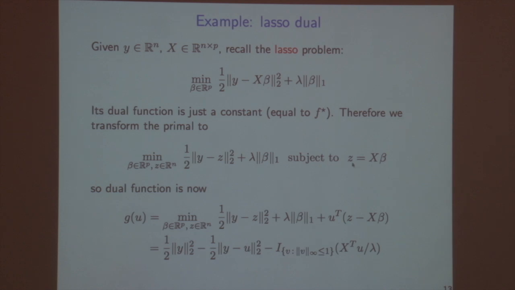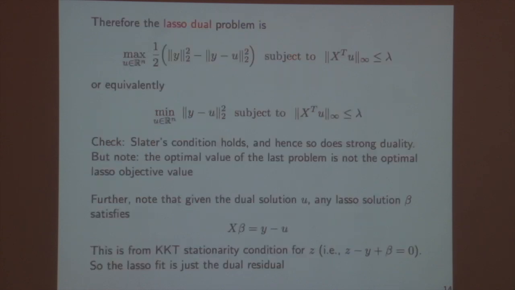All I have to do is find z and beta such that z equals x beta. For example, putting both 0 there makes that feasible. So Slater's condition holds, and we have strong duality, which means that the lasso's dual attains the same objective value as the lasso's primal does.